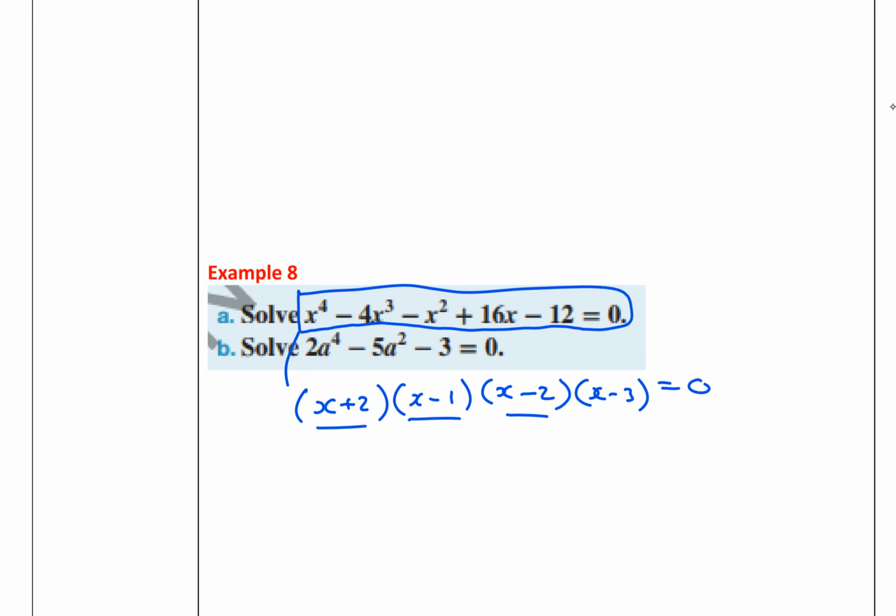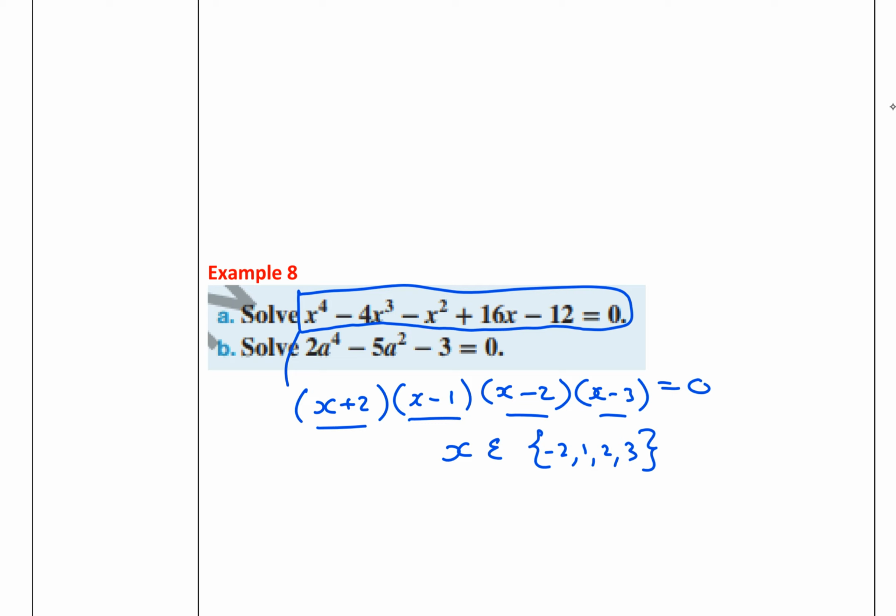From here we can see it's just a matter of using null factor law. I'd like to give my answer in set notation. So x is an element of the set of numbers, and we'll just give these in ascending order. So minus 2, 1, 2, 3.